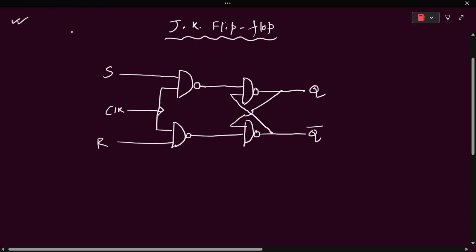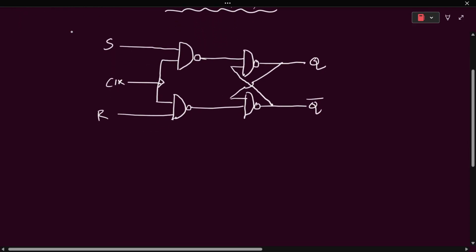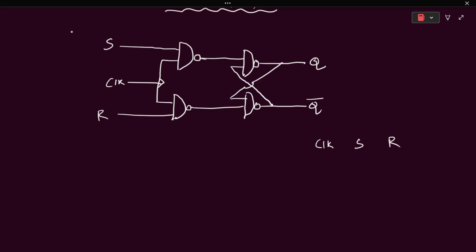Now we will write down a truth table for that flip-flop in terms of next state, Qn plus 1, and present state we consider here. If Qn plus 1 is the next state, then the present state will surely be Qn. So this is S, R, where we write the output Qn plus 1.